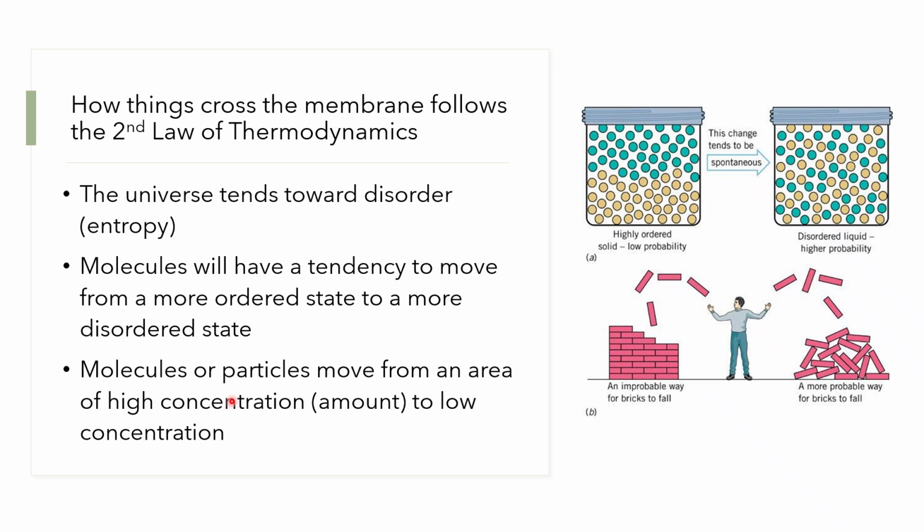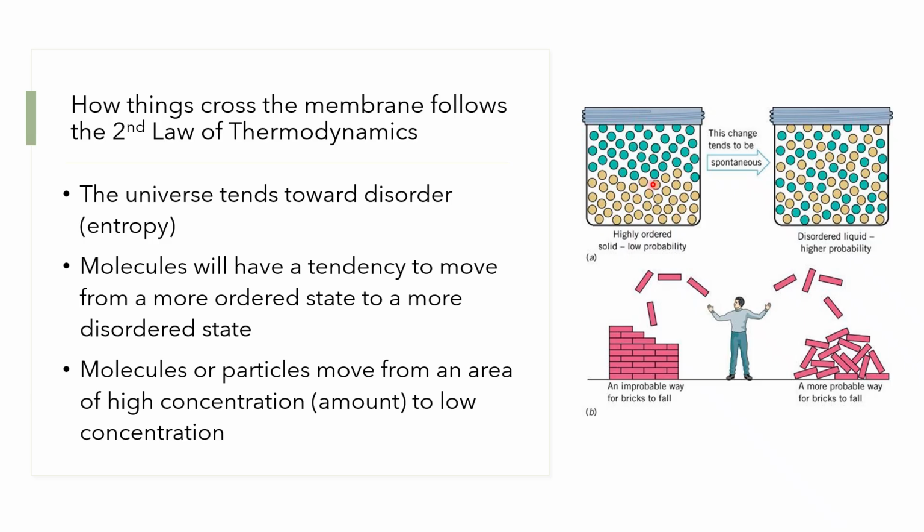So molecules naturally move from an area of high concentration, now concentration just means amount, to an area of low concentration. So let's look at this in terms of our particular example of the jar here. The blue molecules are in a highly concentrated area here because we have this entire upper portion that only has blue.